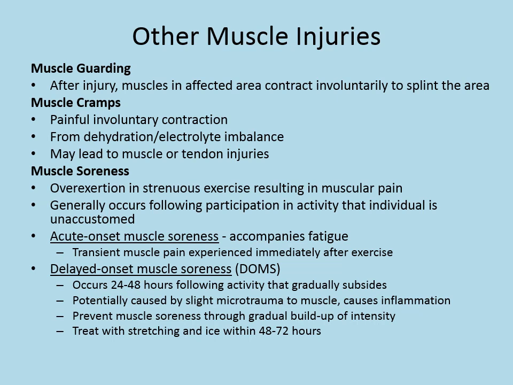Then the contents of the muscle fiber spill out into an area where they are not supposed to be, and that causes an inflammatory reaction. The body recognizes those cellular contents as actually being a foreign invader and causes an inflammatory response similar to if you got a bee sting or something.